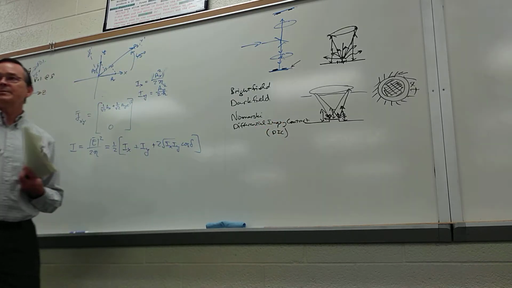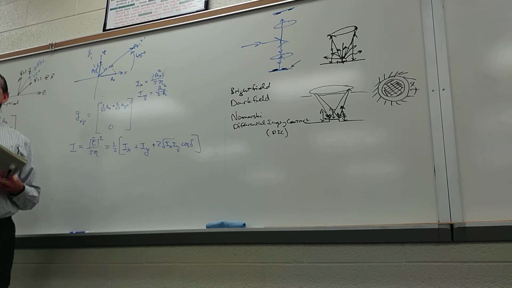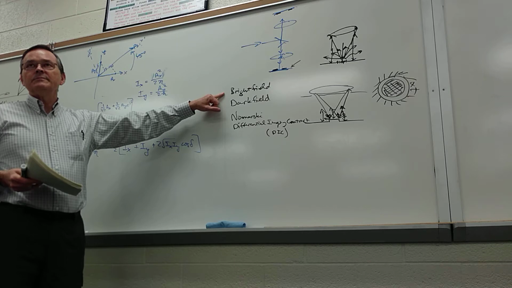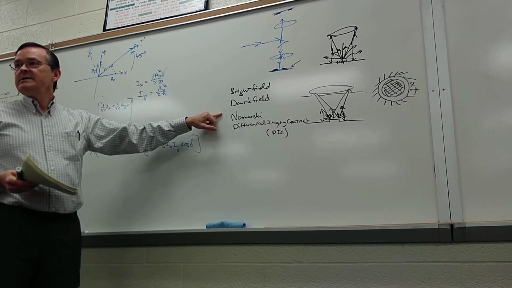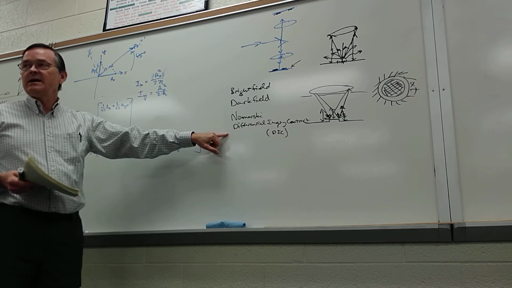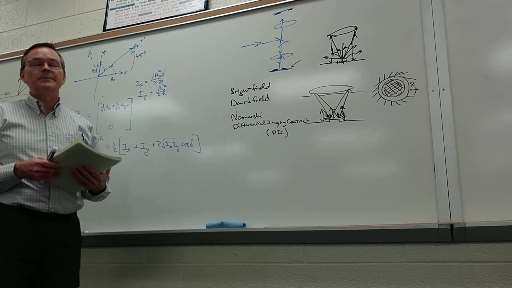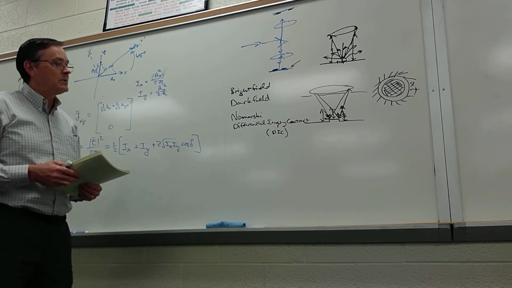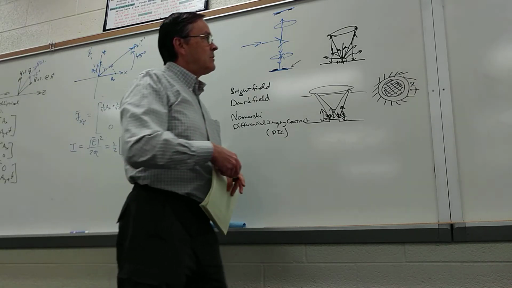If you go to the microscope in my lab, there's this little thing you can rotate, and you'll see BF for bright field, DF for dark field, and you'll see DIC in another one of the points where you can operate. Okay, so what is that?